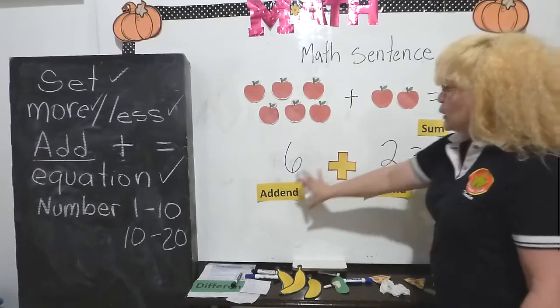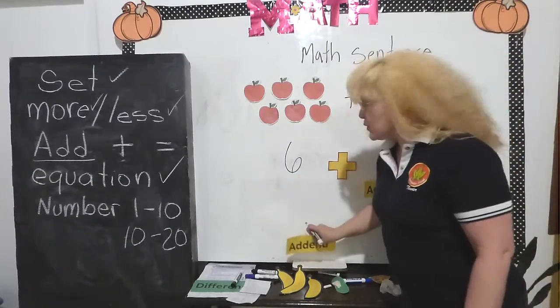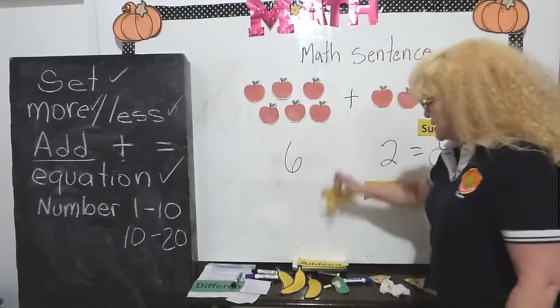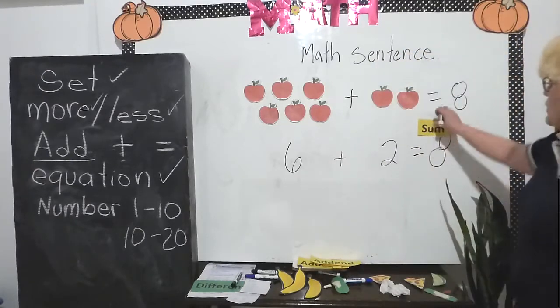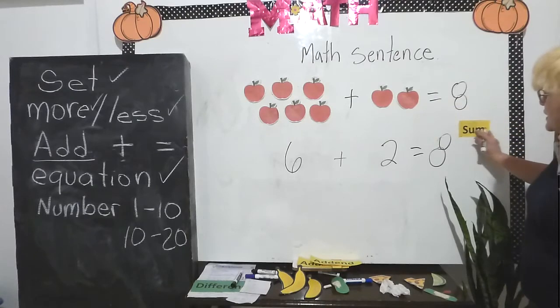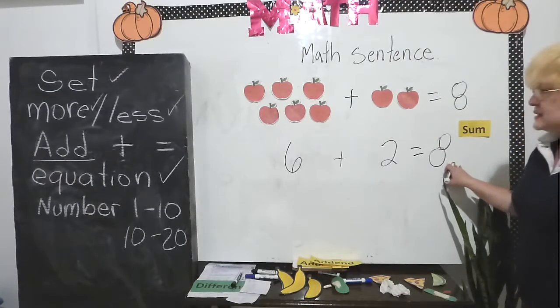Okay. This is a math sentence, and now you can read it. 6 plus 2 equals, the answer of the addition is called sum, 8.